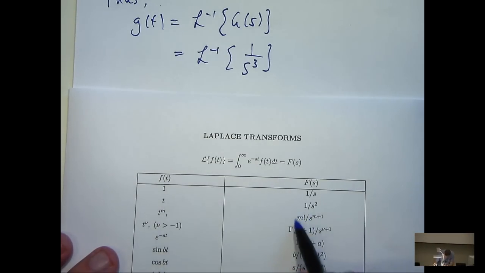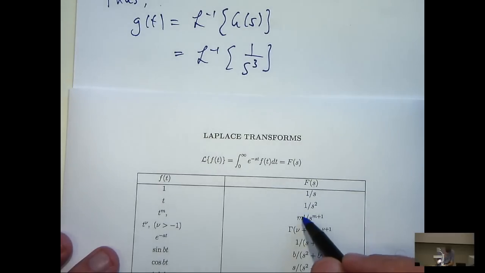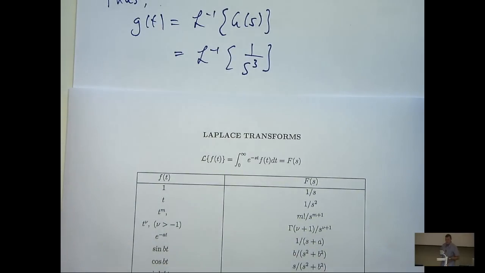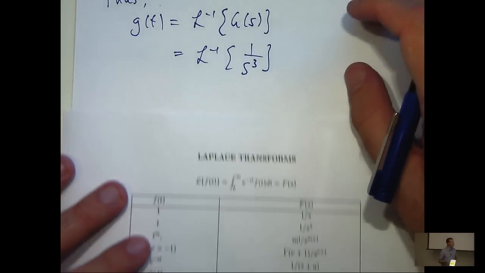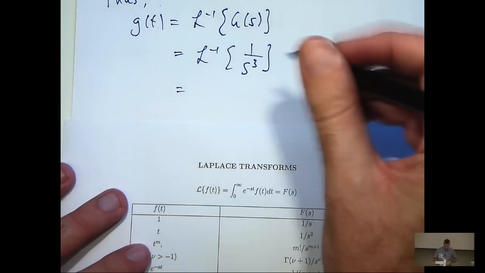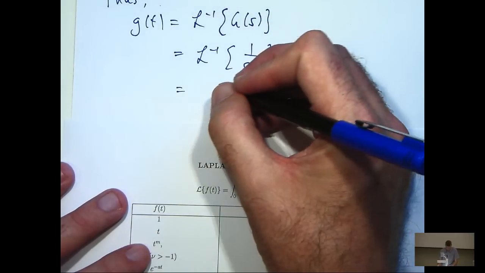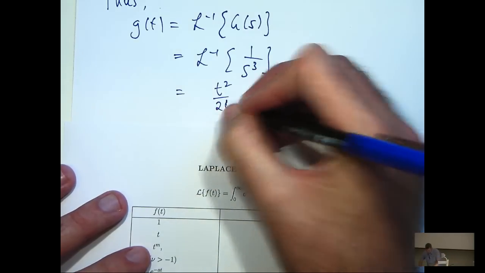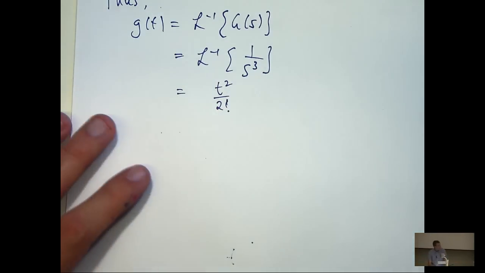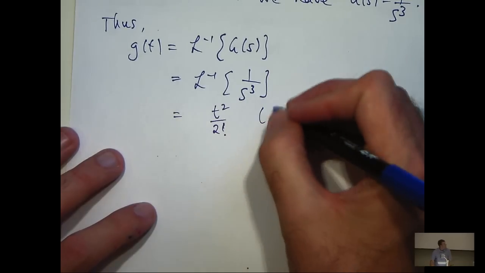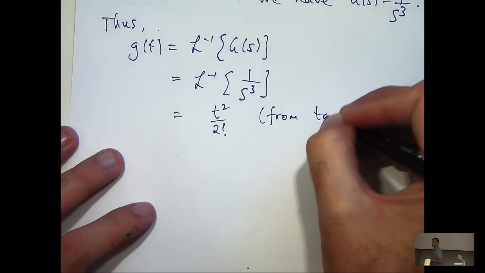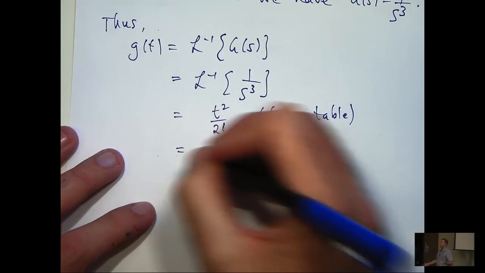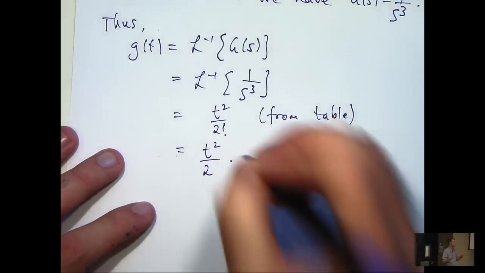However, I have an m factorial here and only 1 here, so I need to divide by that for m equal to 2. So using the table, I can come up with this. And of course, it's just the following.